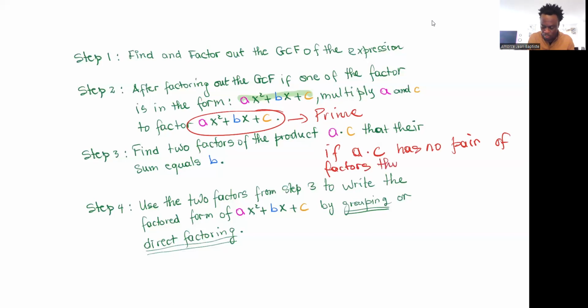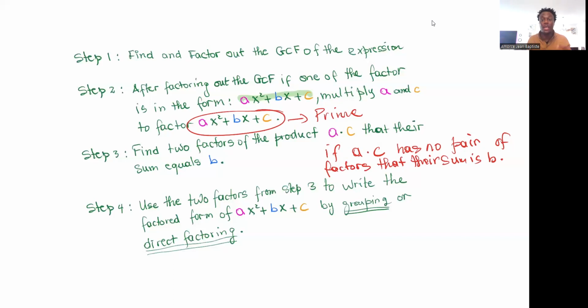whose sum is b. So you have to remember that you will be looking for these factors. And sometimes you need to play with multiplication to find the two factors of the product ac that add up to b. And it's trial and error.